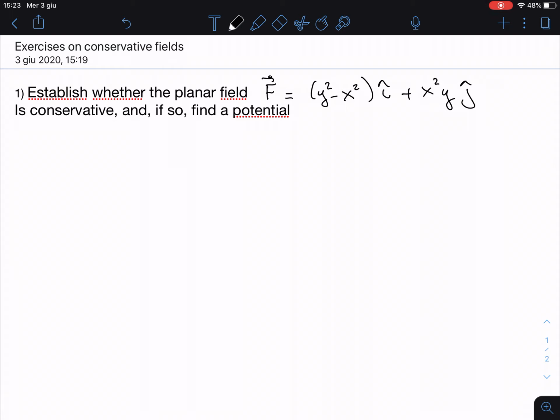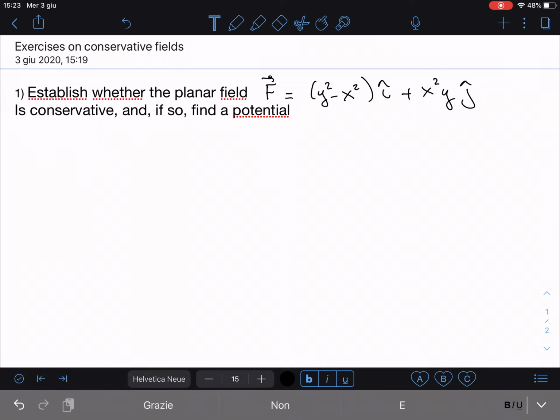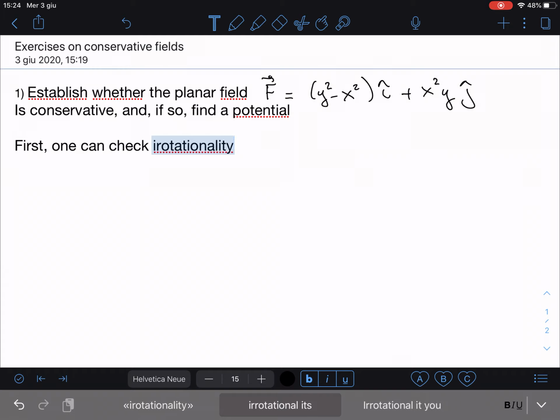The first thing one has to understand here when dealing with a planar field is the following: one can check irrotationality.